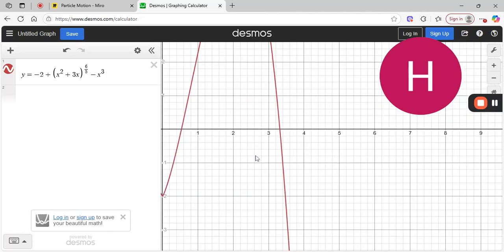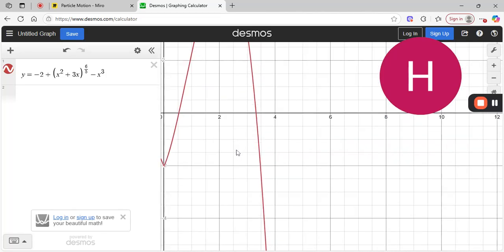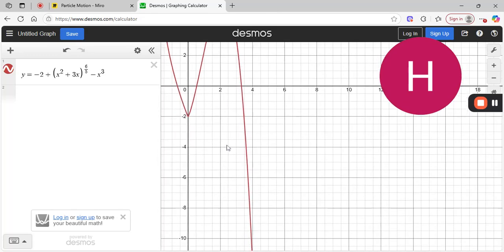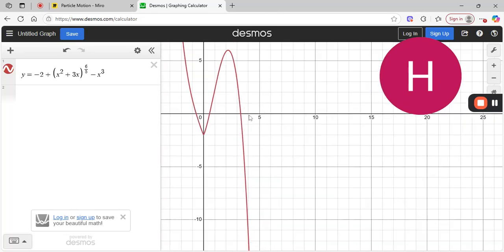At t equals 4, the velocity is already very negative. Look at how negative the velocity is. At t equals 4, that's like all the way down here. That's very negative. And it's going away from the x-axis, so it's getting more negative, which means the particle is going backwards already, and it's starting to go backwards faster.